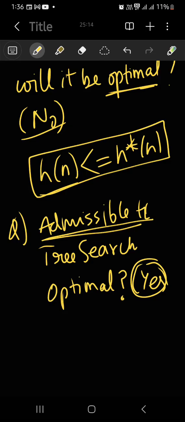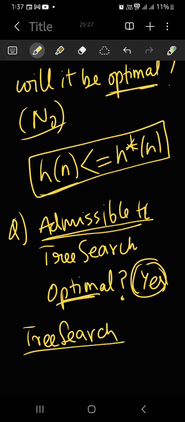But sorry, I was very naive. I am very sorry, it's not that. For tree search, if you want optimality, only admissibility is enough to give you optimality.